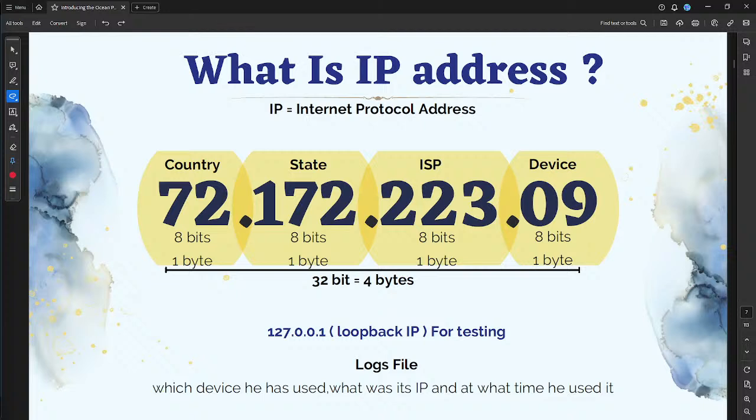Now, how do we calculate or derive these IP addresses individually? How this comes about is with the conversion of binary numbers into decimal numbers. Now, how is this done?